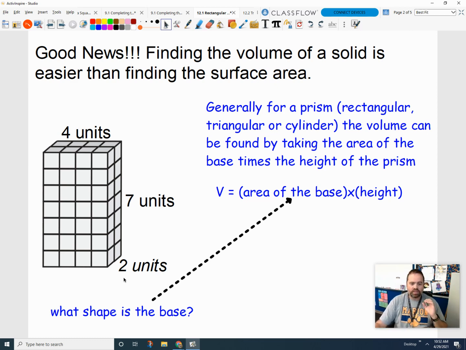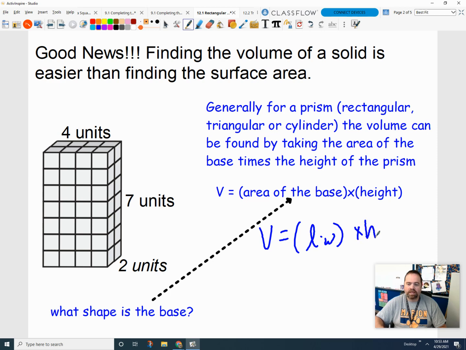So the base is the defining shape of the figure. A rectangular prism's base is a rectangle, so the area of the base is going to be length times width. And then you just multiply that by the height.